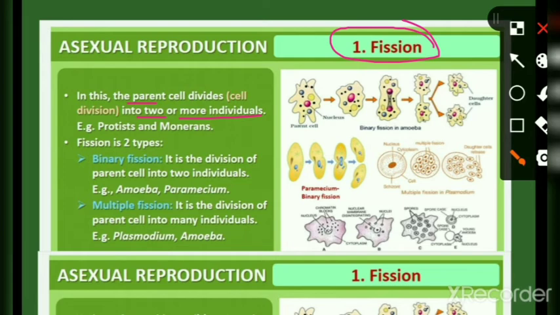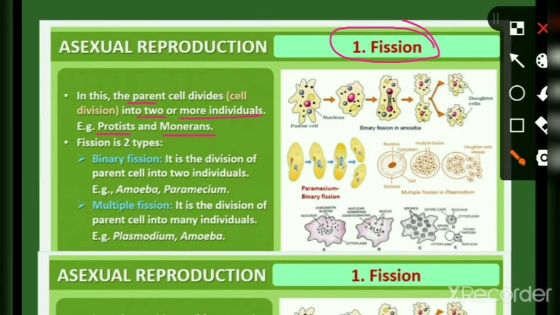Fission occurs in Protista and Monera, and both the Protista and Monera kingdoms include single-celled organisms.